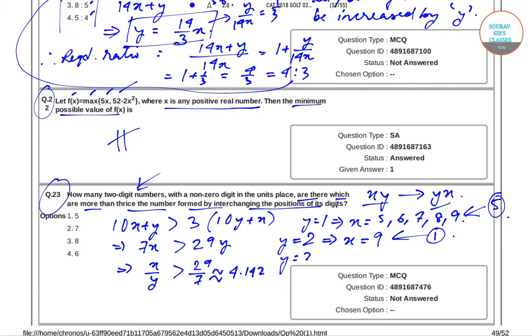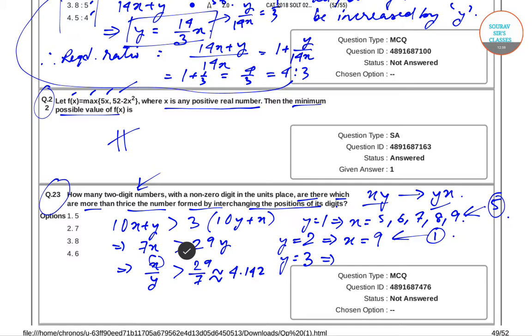What happens if we take y is equal to 3? In that case x has to be greater than 4.142 into 3, which would have been 12 point something. But we have already mentioned that x is a digit.